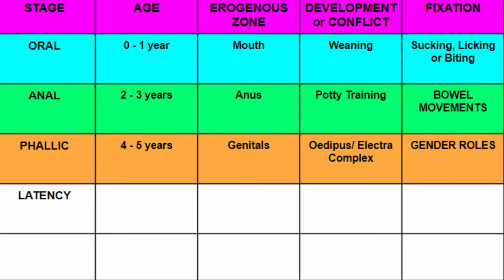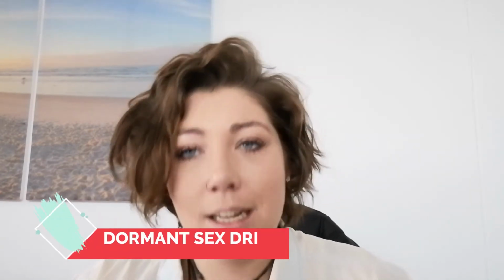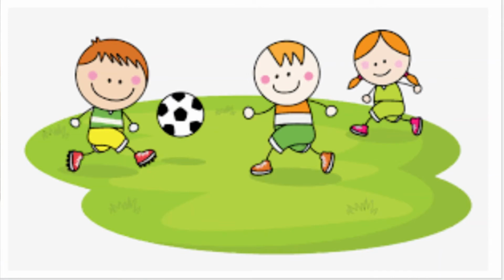Alrighty, we then come to the latency stage. The latency stage is between the ages of 6 and puberty, so plus minus 12. During this stage, the child's sexual drive, in inverted commas, is dormant. It's non-active. This is the age where they put all of their attention and emotion into sports, into friends, into hobbies, into things that they enjoy, whether it be acting or playing sport or doing arts and crafts or whatever the case is.